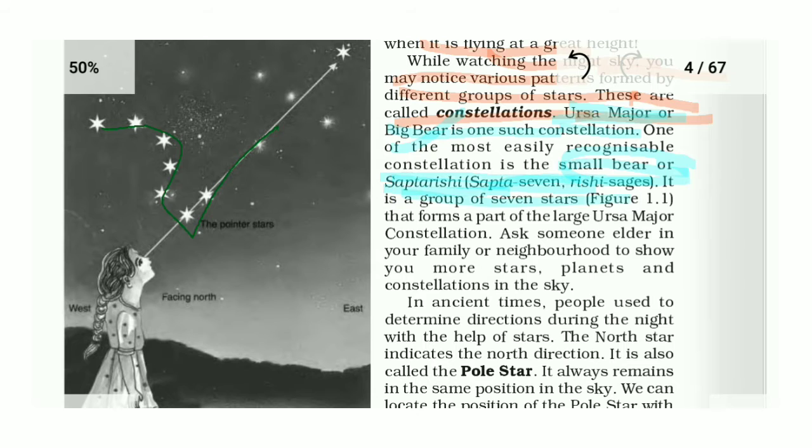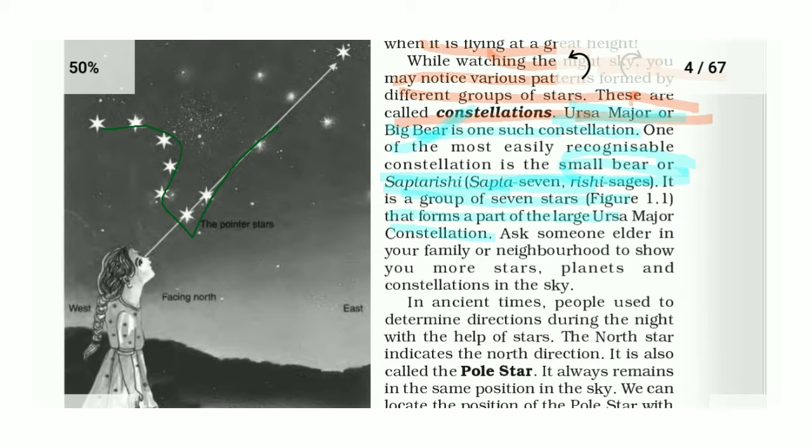It is a group of 7 stars, when talking about the Saptarishi or Small Bear, and that forms a part of the large Ursa Major constellation. It can be a question: Ursa Major and Big Bear are the same thing, and the Saptarishi is a part of the Ursa Major constellation.